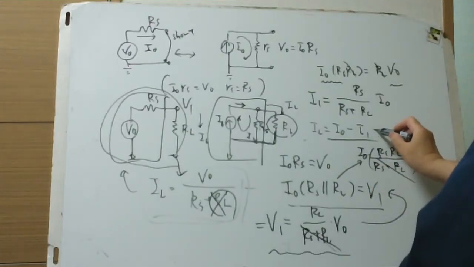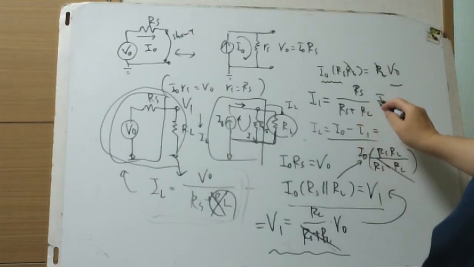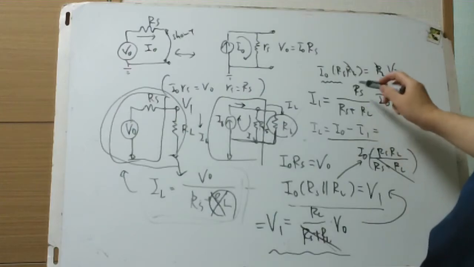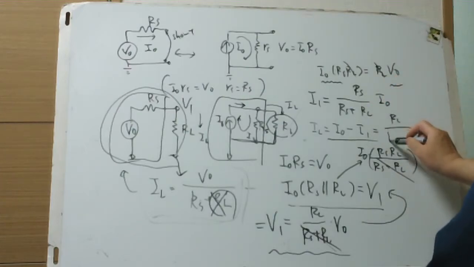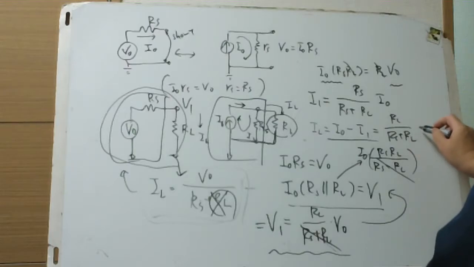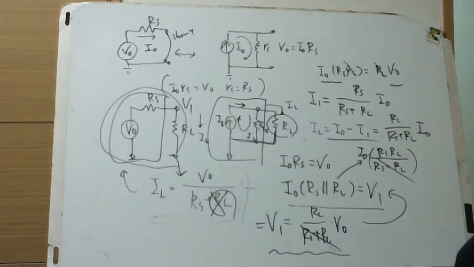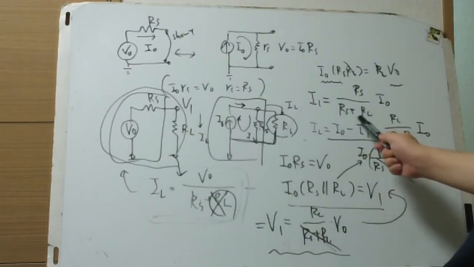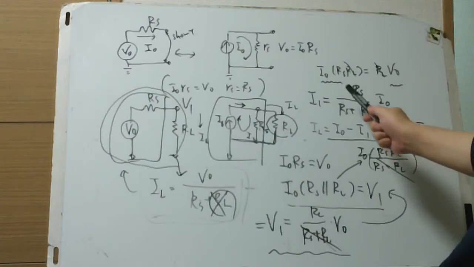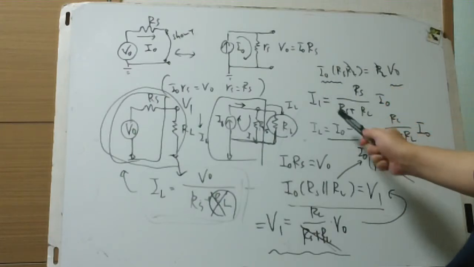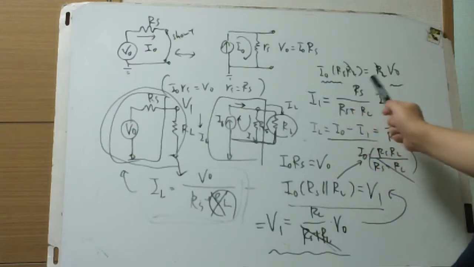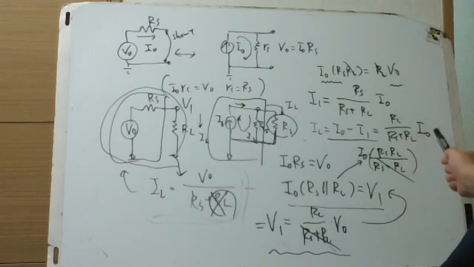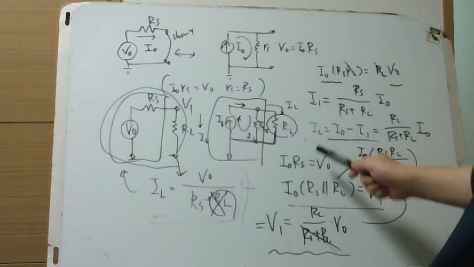So this is IL equals IO minus this. So this minus this is RL over RS plus RL times IO. Okay, 1 minus this equals this plus RS divided by this. This minus RS equals RL divided by this, and this holds, and this is IL.